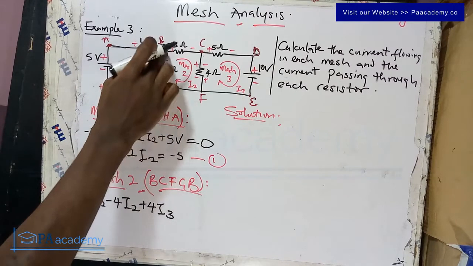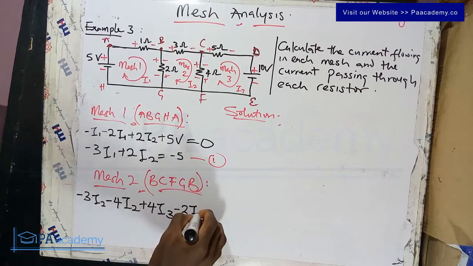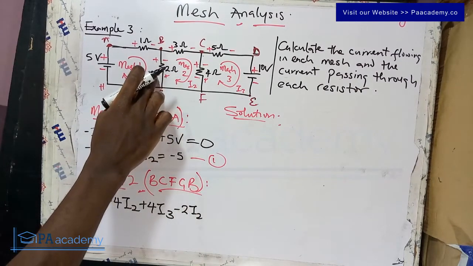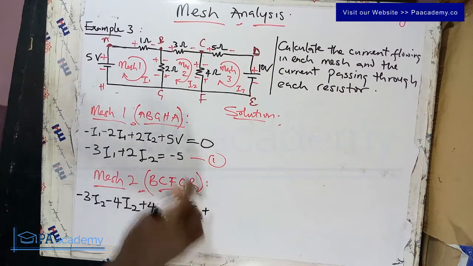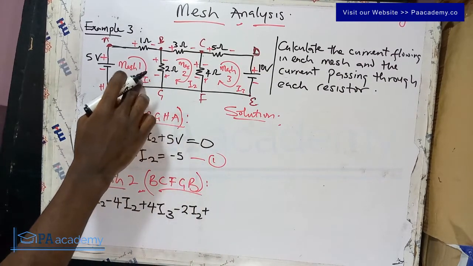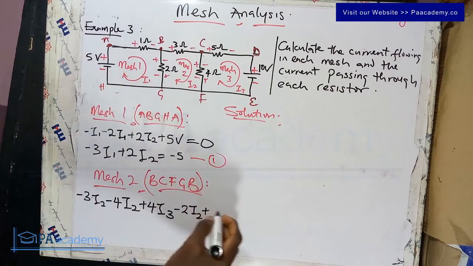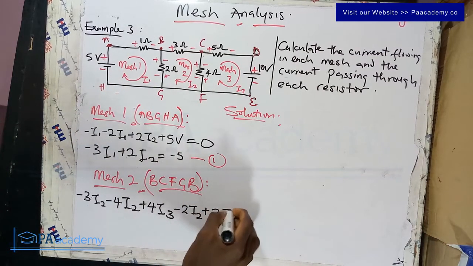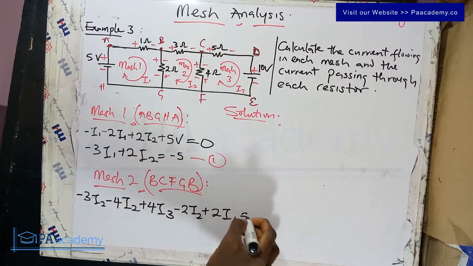From plus to minus, that is going to be minus 2I2. Also from minus to plus here, the current is I1, that will be plus 2I1. All right, and we have equals 0.